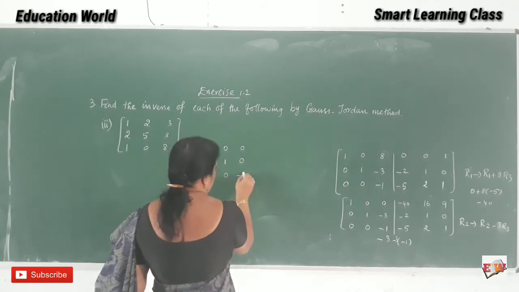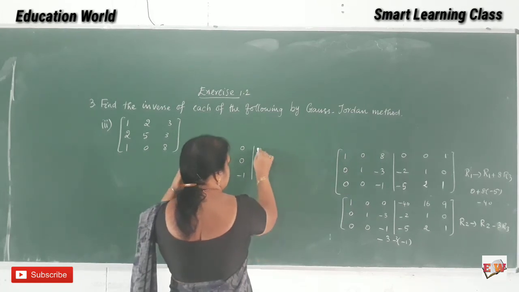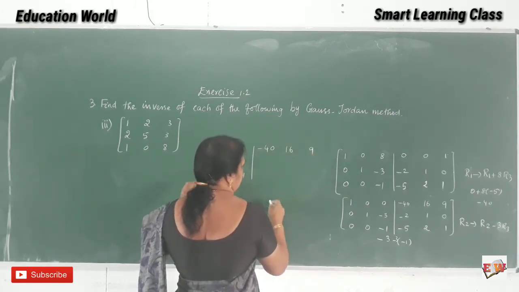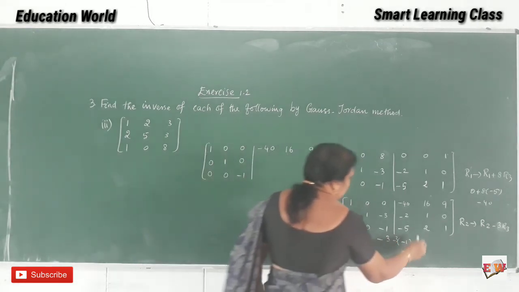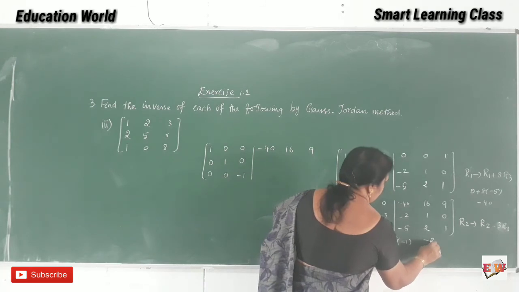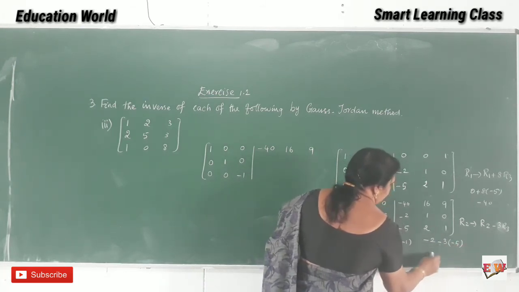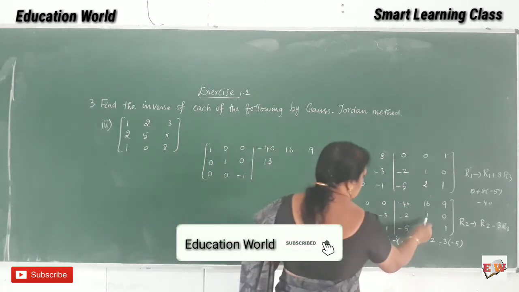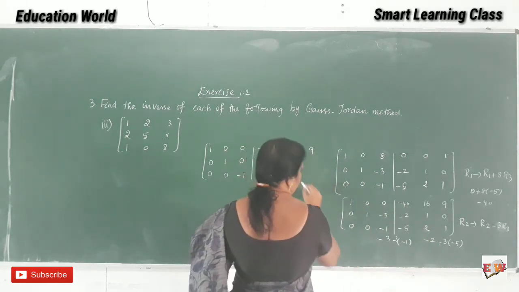0, 0 minus 1, minus 40, 16, 9. Here R2. For this we have to do the calculations. R2 minus 3 into minus 5, 15, 13. Then 1 minus 6, minus 5.